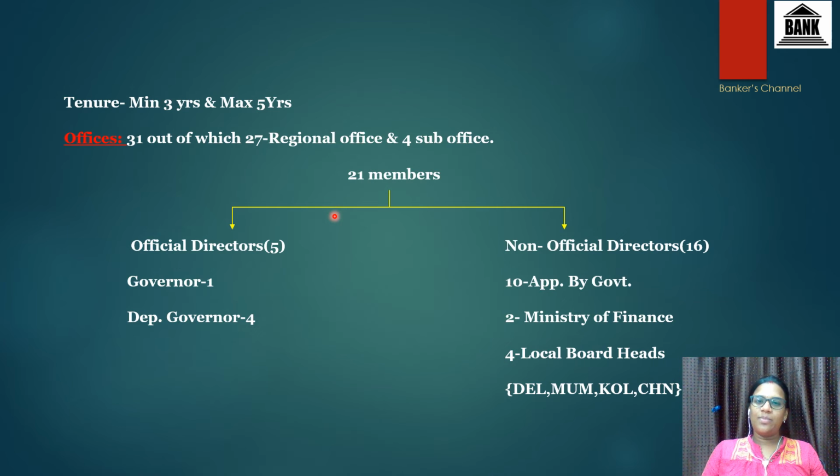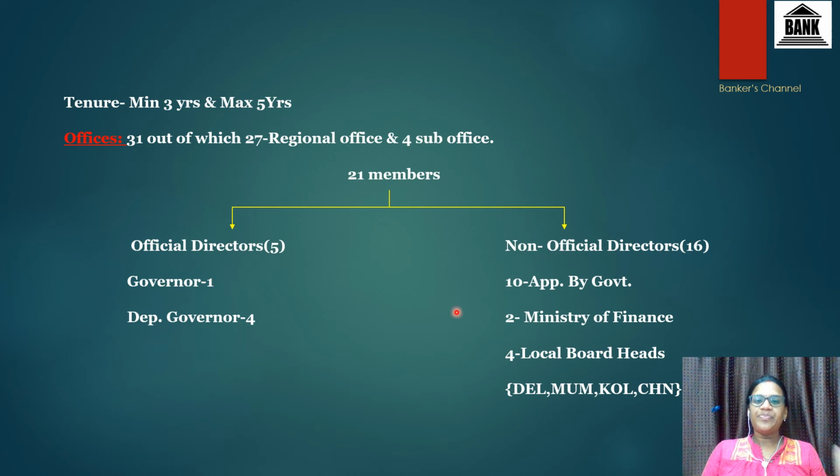In the Reserve Bank of India, 21 members will be there in the board. Out of them, the official directors will be 5 people and the non-official directors will be 16 people. One governor and 4 deputy governors are the official directors. The present governor is Shaktikant Das, and the deputy governors, as I have previously mentioned, are Ravi Shankar, M.K. Jain, Rajeshwar Rao, and M.D. Patra.